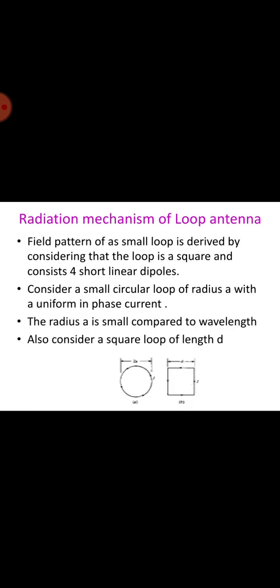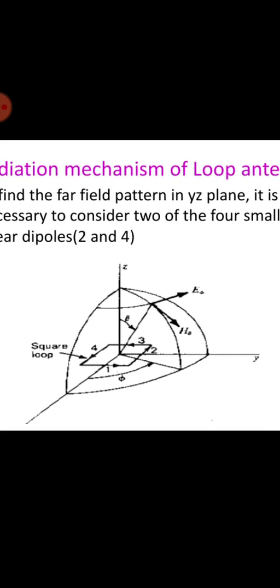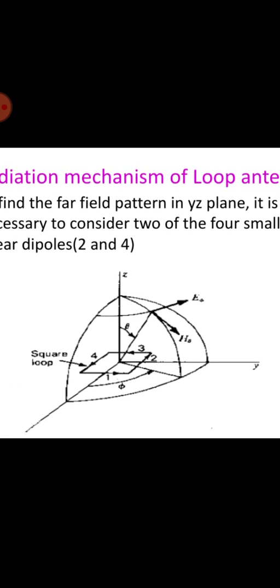If the loop is oriented like this in the figure, the far electric field has only an E phi component. To find the far field pattern in the YZ plane, it is necessary to consider only two of the four small linear dipoles, that is, 2 and 4. We can consider only 2 and 4.